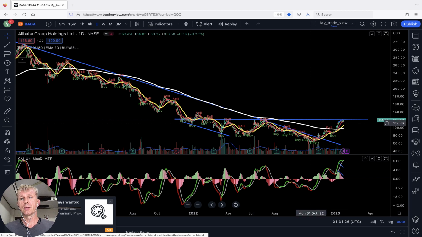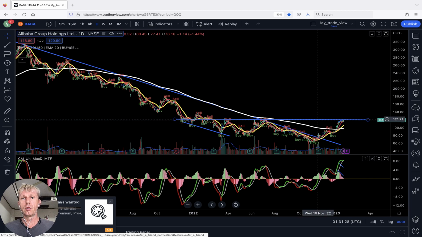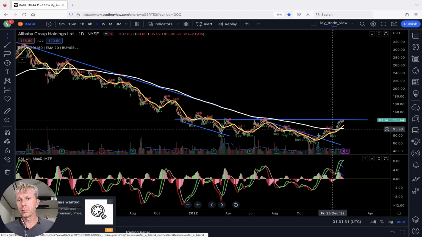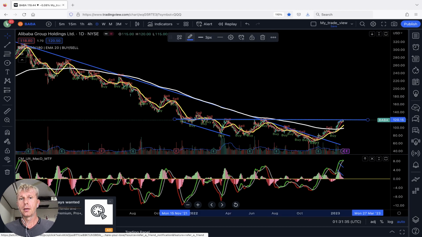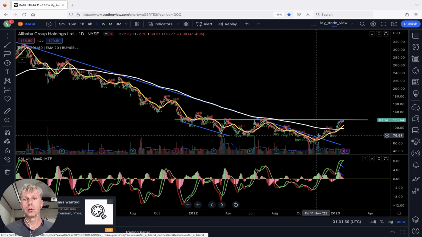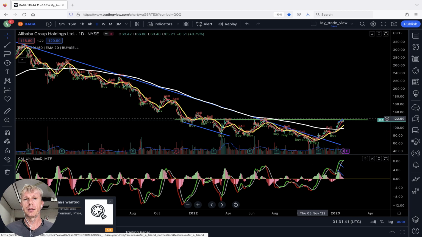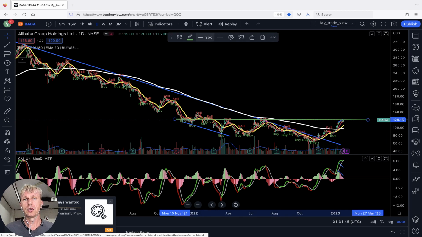Let me change this color because they're all the same. Let's change this one to green. Okay, the major trend line is blue.